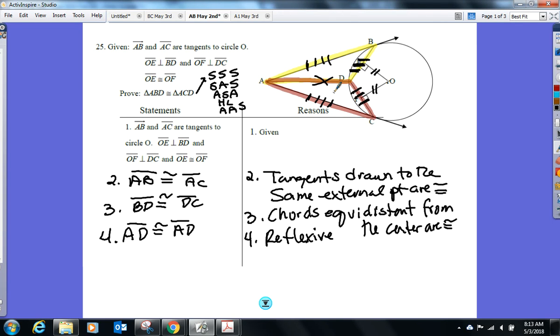What? 35? I don't know, maybe 34, 33. I don't know what we're on. There's 40 in the year, so maybe I'm just hoping it's 35. And then this is a pretty easy method now, proving the triangles congruent. Side, side, side.